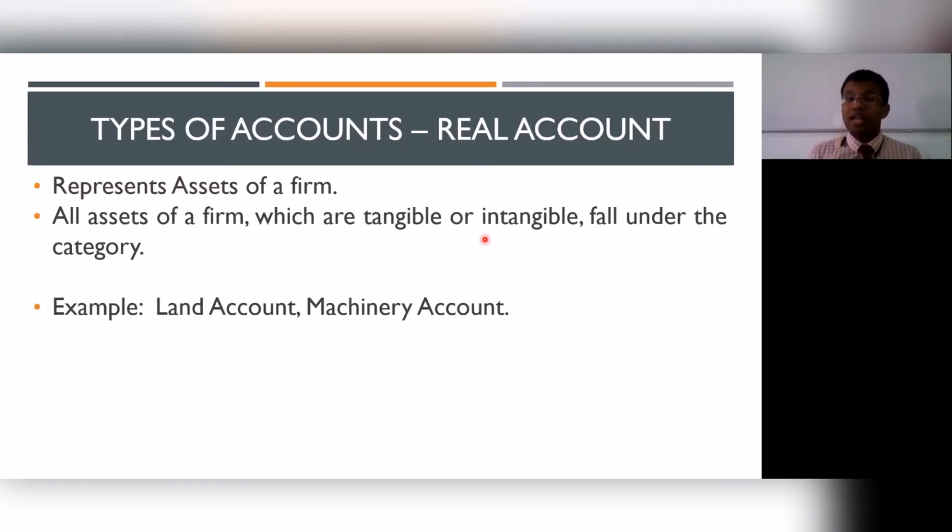What are tangible assets? Tangible assets are those assets that you can touch, feel, see. Okay? So they have certain physical attributes. Those assets which have physical attributes, they are referred to as tangible assets. Then you have intangible assets. So intangible assets are those assets that you cannot see, you cannot touch, you cannot feel.